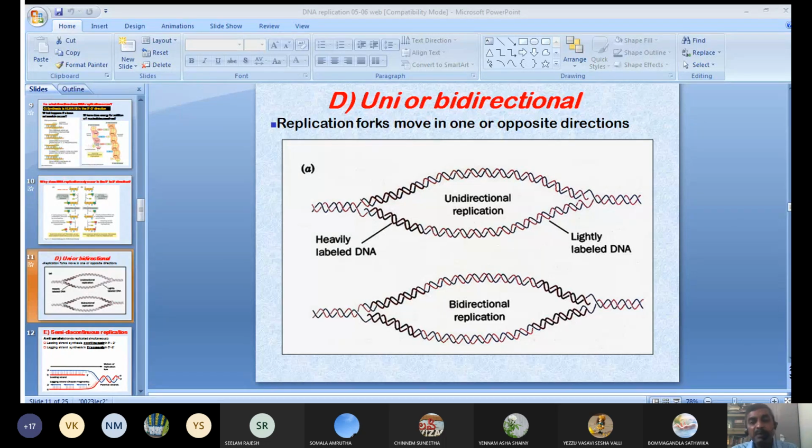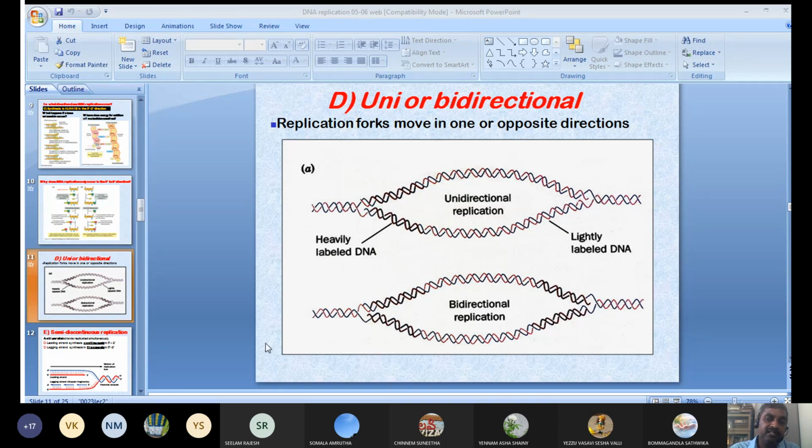In the bidirectional replication, you see one strand started synthesizing the new strand in this way, whereas the other strand in this way. So this is the beginning for this strand and this is the beginning for this strand. You see, right? These are the two things we can see, whereas this is just the approaching or polymerizing end.